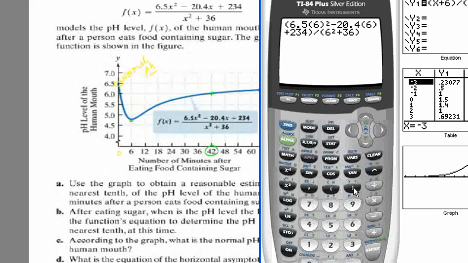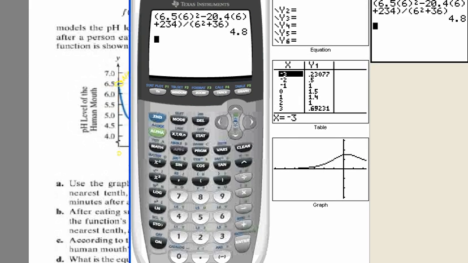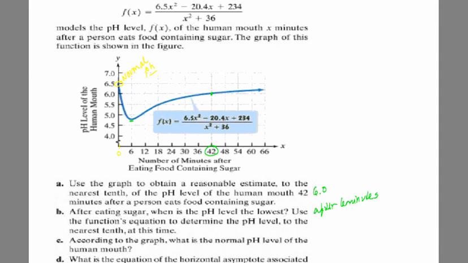So we're testing to see if this model gives us an accurate value of what we expect, between 4.5 and 5.0. 4.8. So after 6 minutes, the pH level seems to be the lowest, and the lowest value that the model gives us is 4.8. So use the function's equation to determine the pH level to the nearest tenth at that time. So that is 4.8.